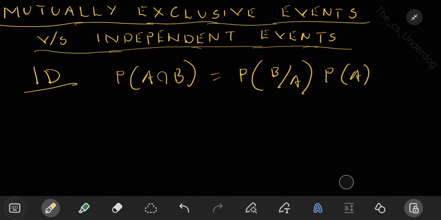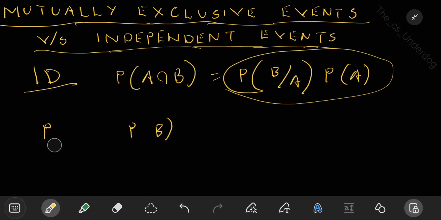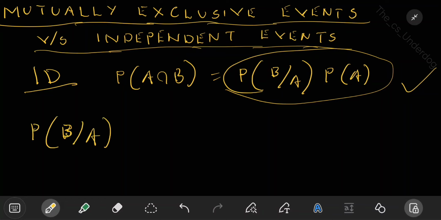This is the way you write, or you can also write it as P of A given B into P of B. Both are one and the same. Okay, this or this, both forms are the same. Let us take this form. So here P of B given A into P of A. What is P of B given A? That is, given that A has occurred, what is the probability of B's occurring?